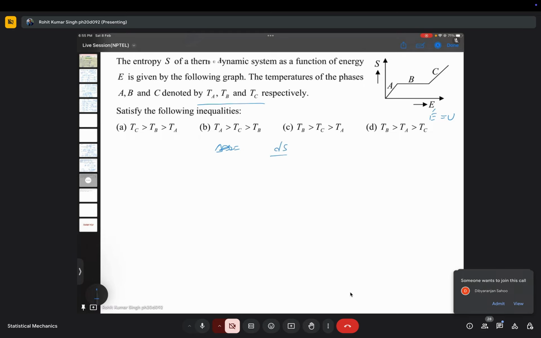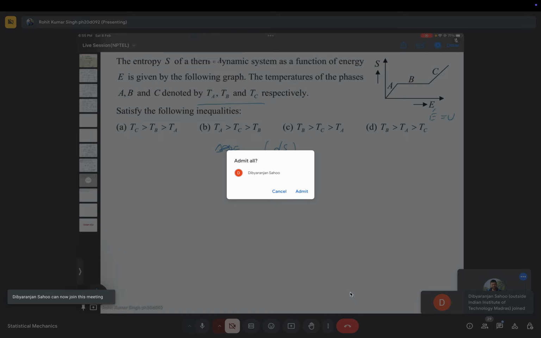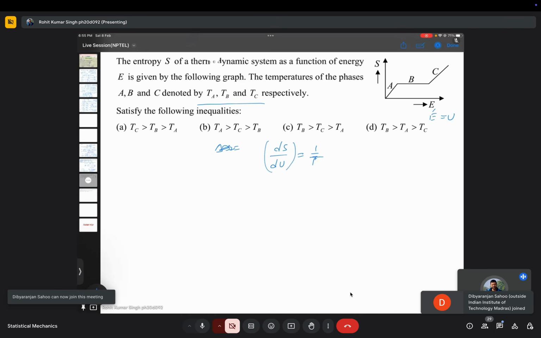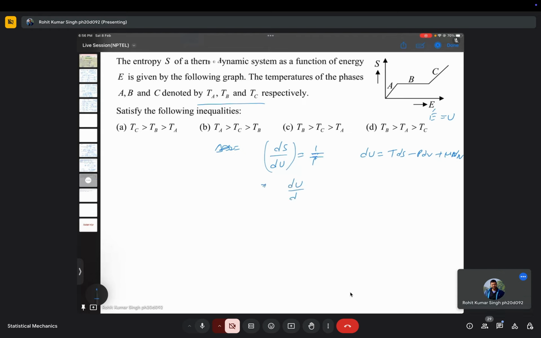From the first law we have simply this, keeping the volume and number of particles constant.